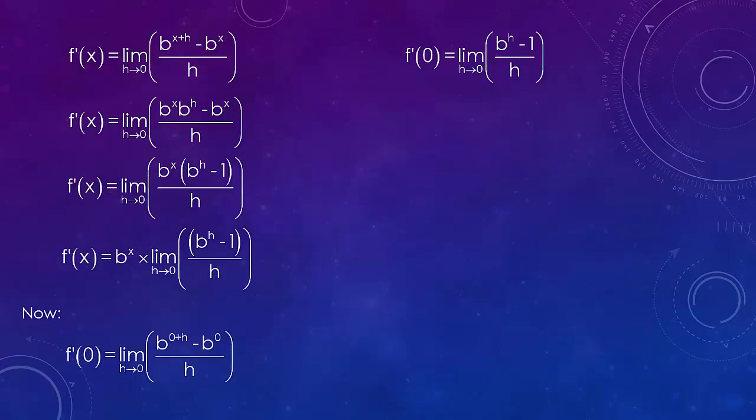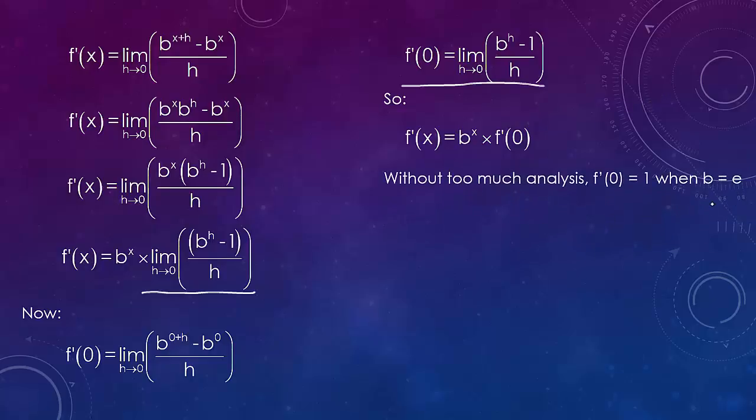So you'll notice here that f dash 0 is the same as what we have here. So we can write f dash x is equal to b to the x multiplied by f dash of 0. Now that's a general case. What we're going to do is look at a particular case where b is equal to e.